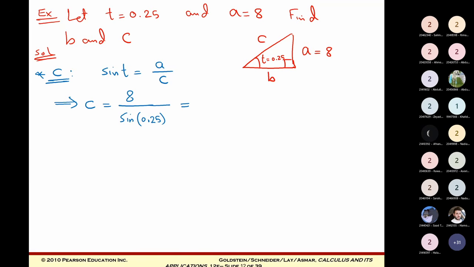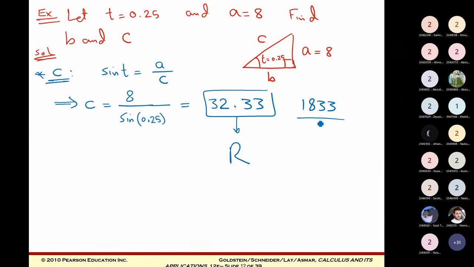Okay, some students put 32.33. Some students put the value 183.3. So which one is correct? This is correct. Why? Because this one, the calculator is in radian, but this one, the calculator is in degree.